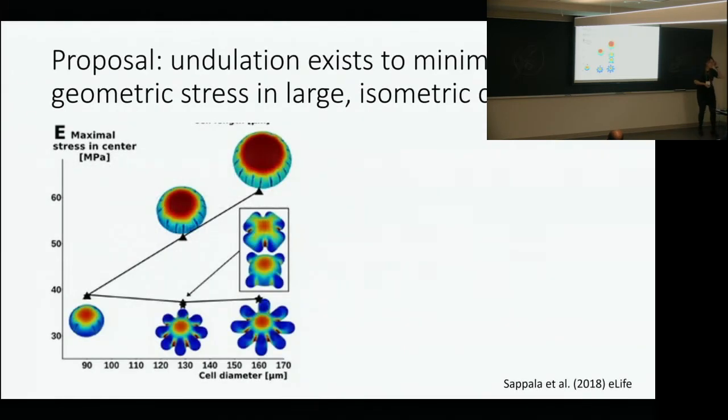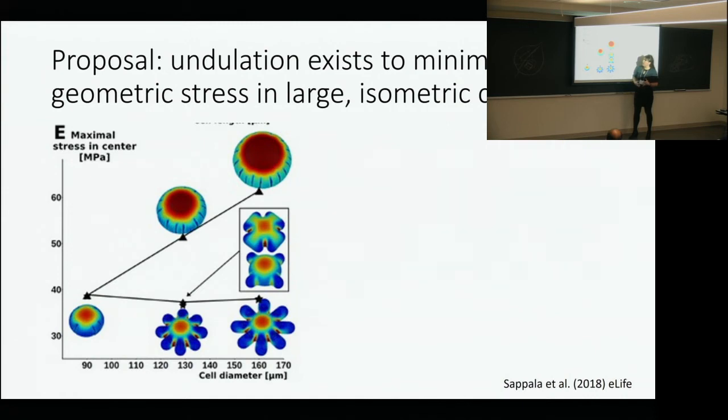There's been a recent proposal where they used a little bit of phylogenetic context, and that's that possibly undulation exists to minimize geometric stress in large isometric cells. Here's an example of the finite element simulation that they did. Note that the material properties of these objects are uniform and identical between the different objects, and all they're changing is the geometry.